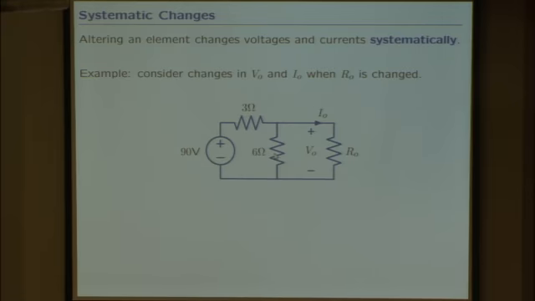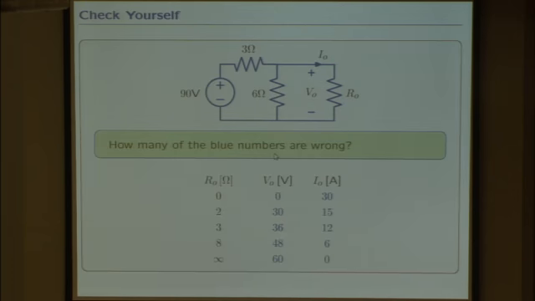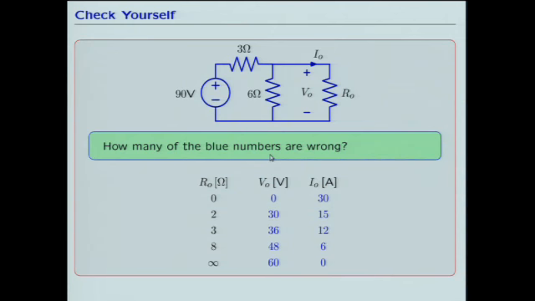The key to thinking about this is to think about, well, what's the worst thing that could happen? If I changed this part arbitrarily, just how bad can things get? So I'll let you answer that. Think about that circuit. Assume that this is a 90-volt power supply, 3 ohm, 6 ohm.